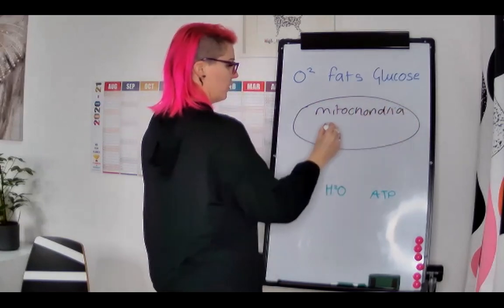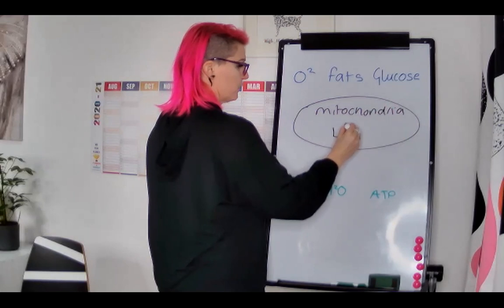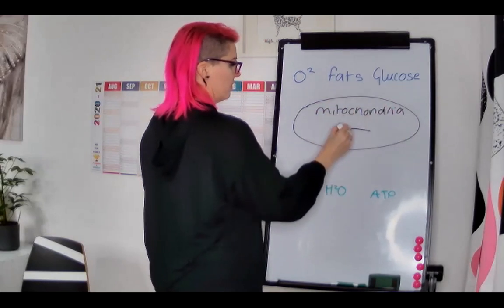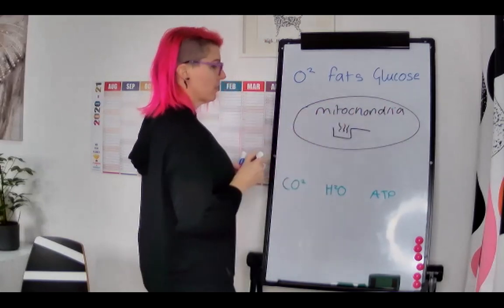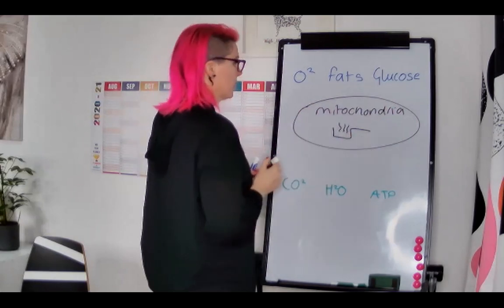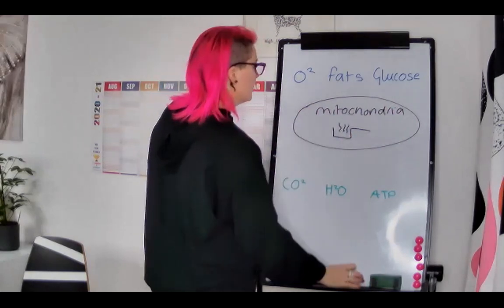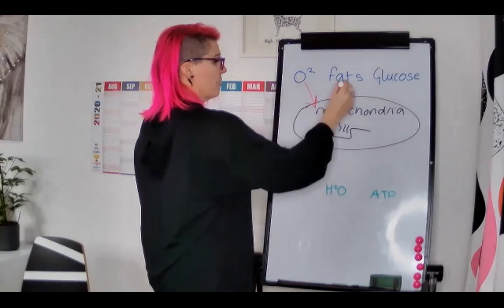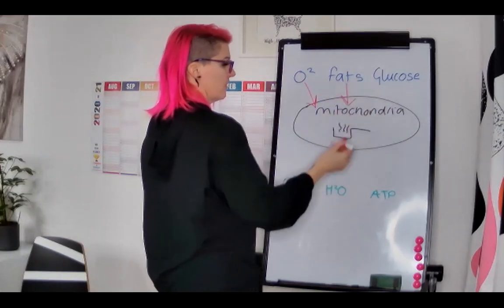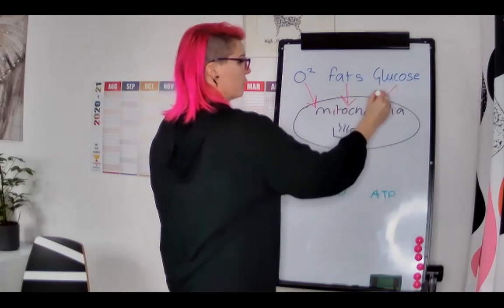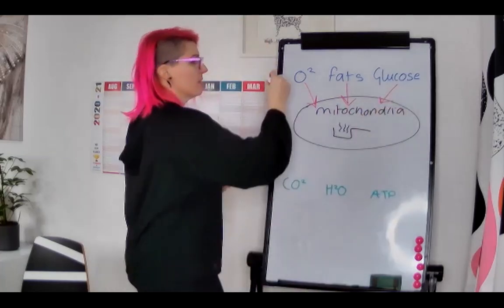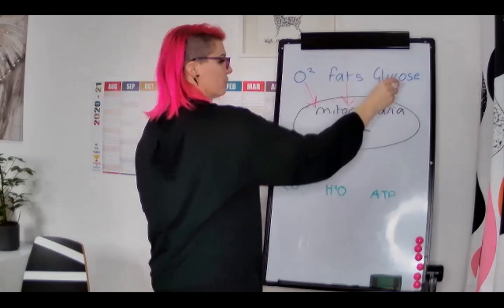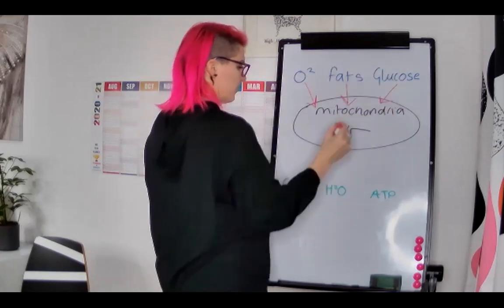This is going to be a really bad drawing, but I like to see them as little saucepans creating our energy. To create the ATP, we need oxygen, otherwise we're going to be anaerobic. We need fats, which go into the mitochondria, and we need glucose. This is our fuel where we're going to resynthesize or recreate the ATP.